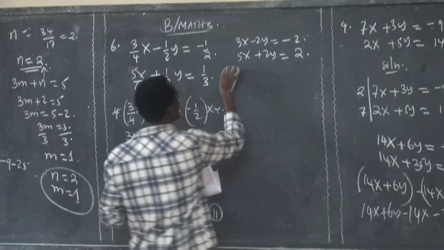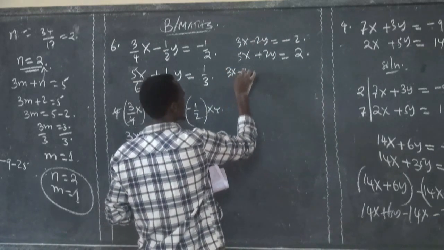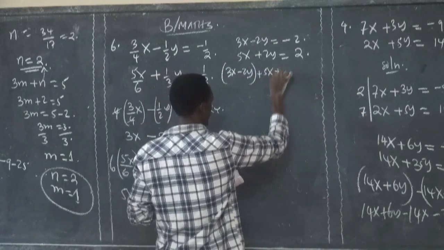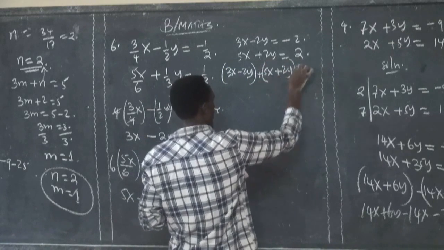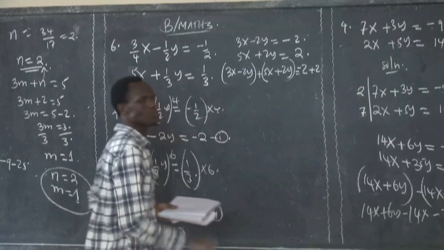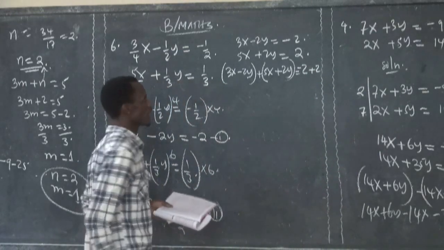And therefore now we say we have 3x minus 2y, then plus 5x positive 2y is equal now to negative 2, positive 2. Are you together?